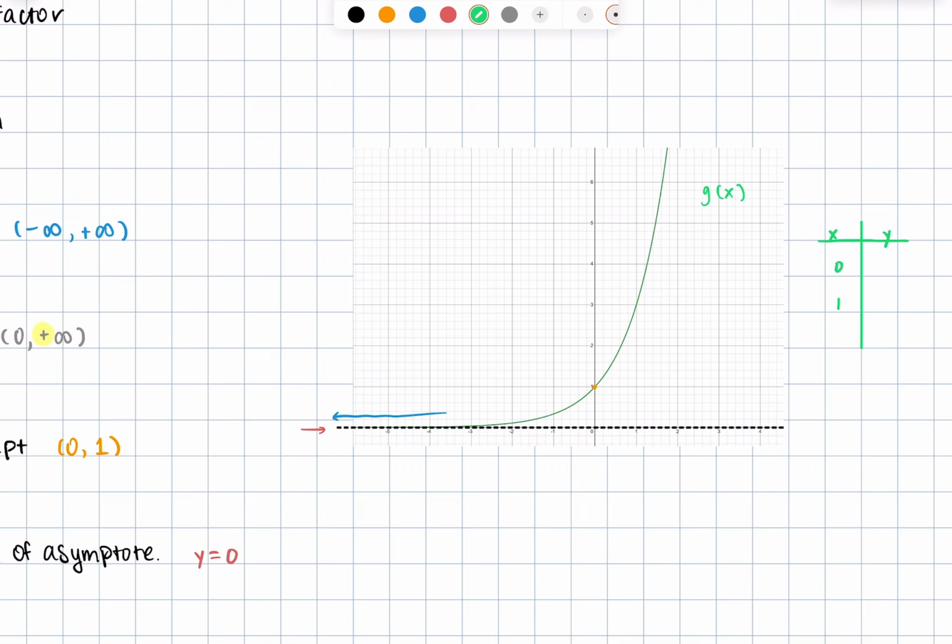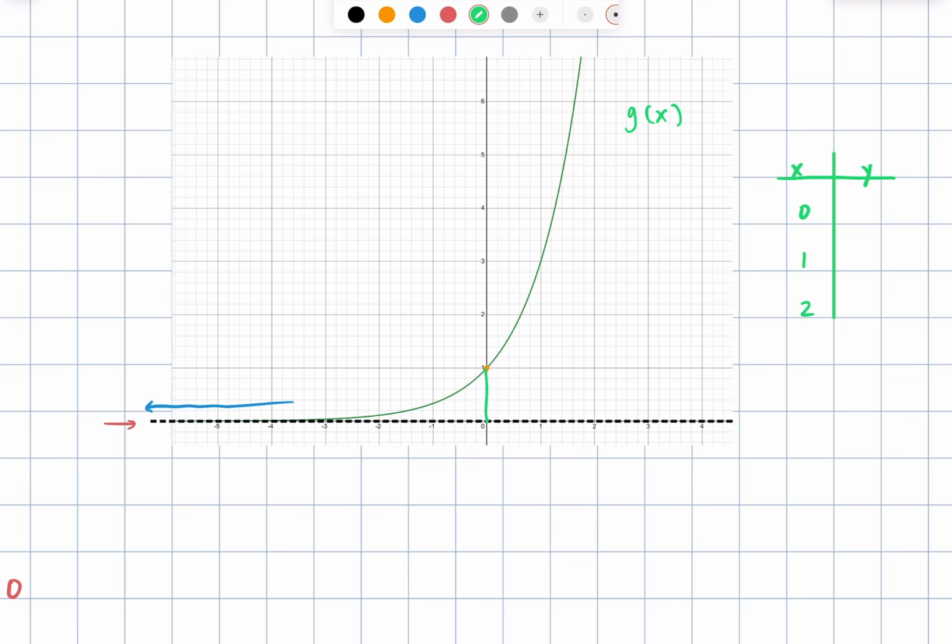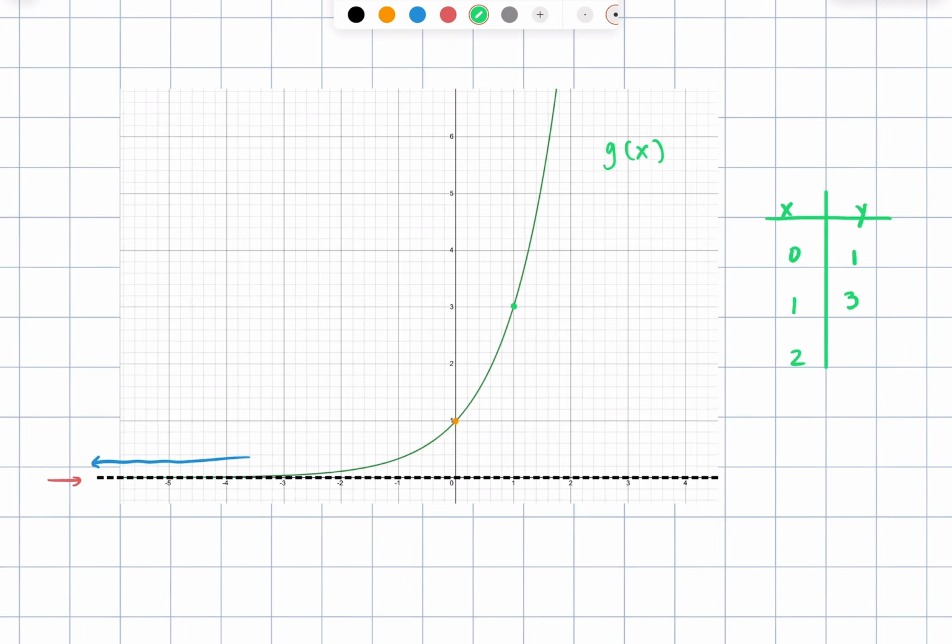So when x is 0, right here, y is 1. So it's the same as the parent function. But when x is 1, our y value here is 3. So we're going to have 3 on the y. When it's 2, we can't really see because the graph's cut off, but it's 9. But we don't really need this, and I'll tell you why.